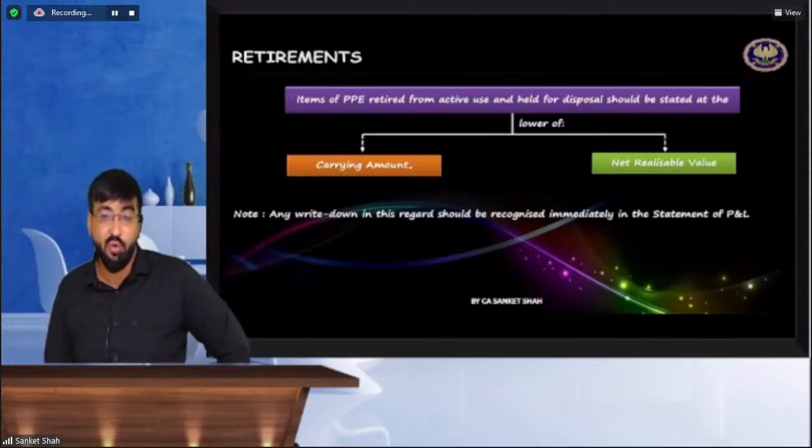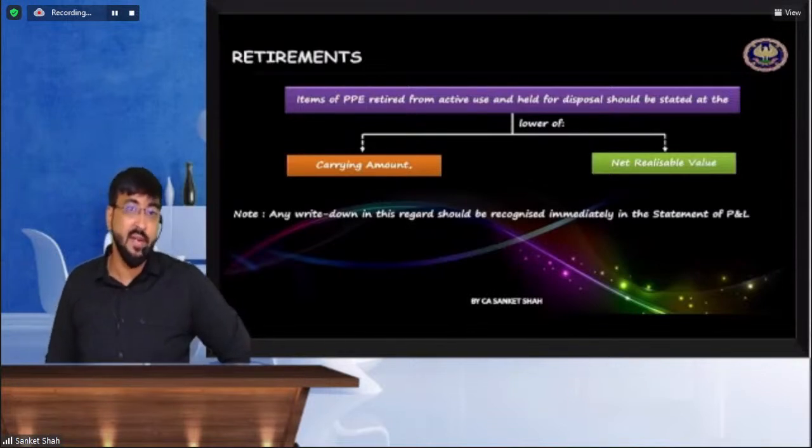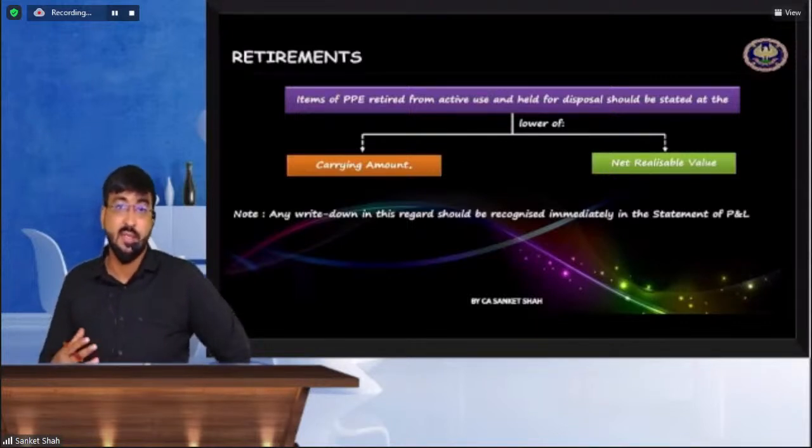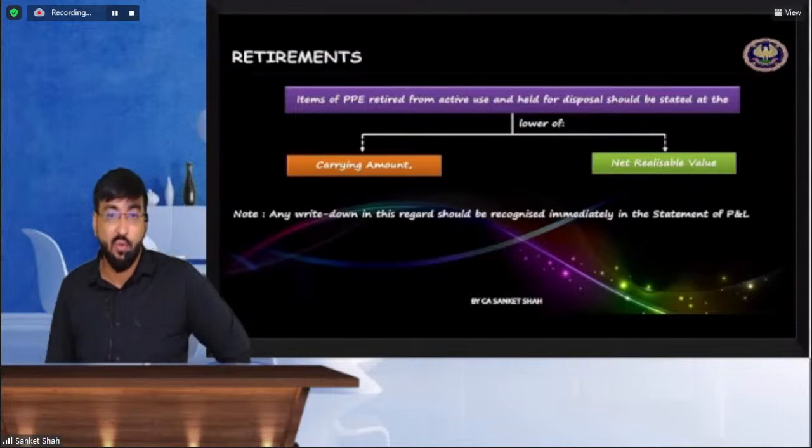For example, suppose the carrying amount of the asset is 100 and its net realizable value is 70 rupees. So 100 minus 70, 30 rupees, you are going to record in the profit and loss account. This is called recording of a retired asset. So beta, whenever it is retired from active use, you will debit it to profit and loss account, at the lower of carrying amount or net realizable value.